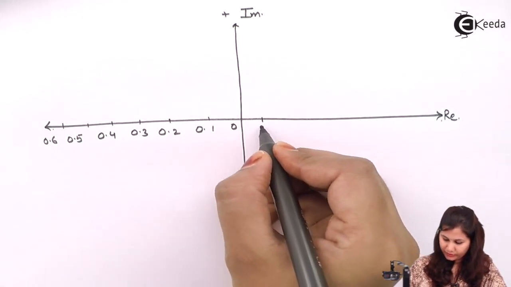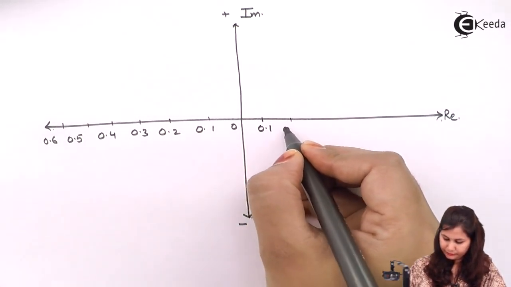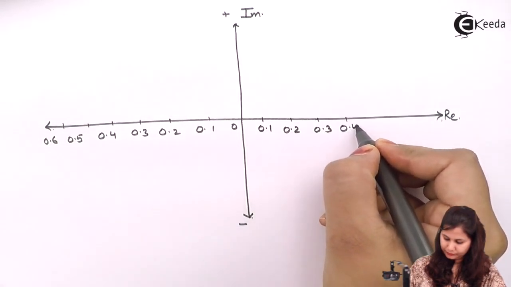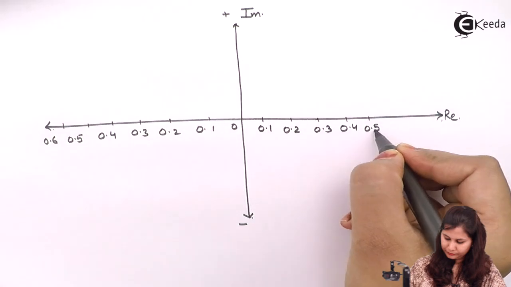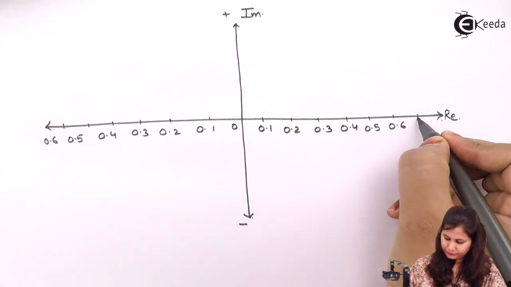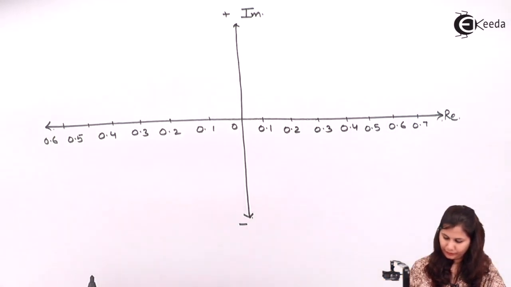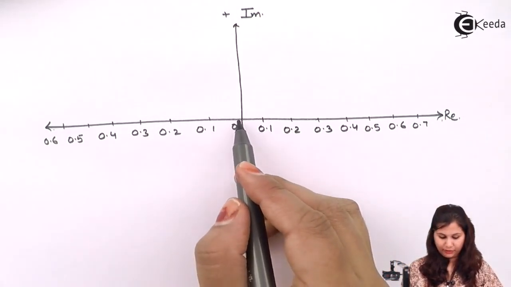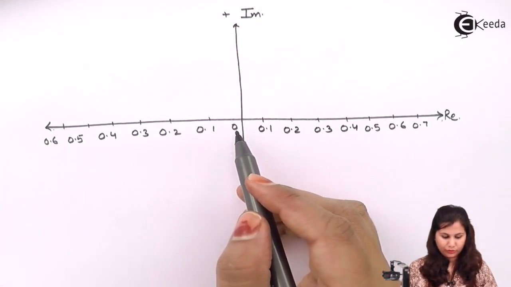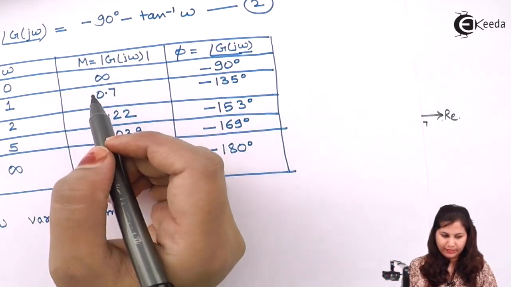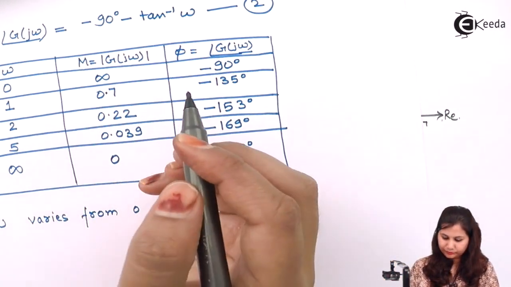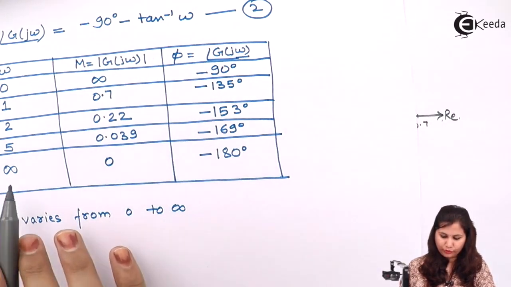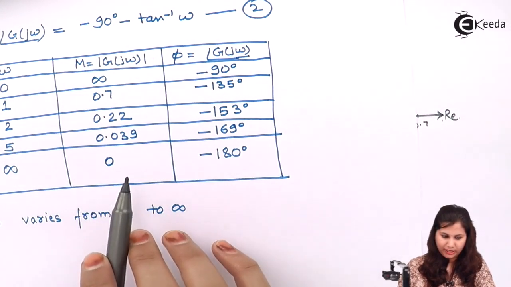Now here also divide the magnitude. Now our first point was omega equals to 0, and for omega equals to 0 our magnitude is infinity. And for omega equals to infinity the magnitude is 0.